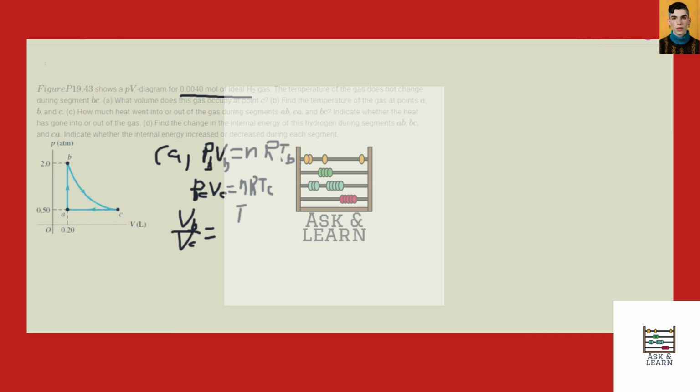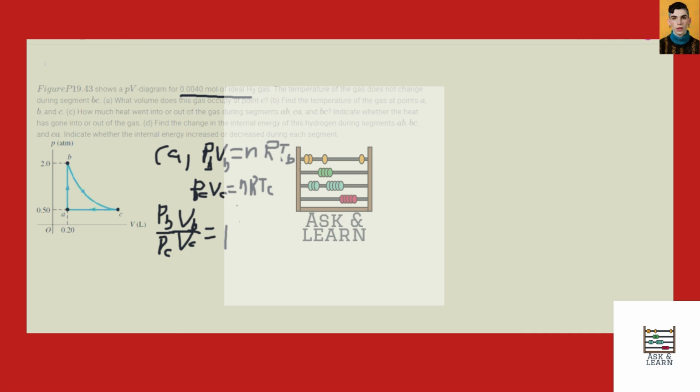What I want to say here is P_B times V_B divided by P_C times V_C equals 1. That's because T_B equals T_C, because in the process BC the temperature is constant. So the temperature at state B is equal to the temperature at state C, so this is equal to 1.